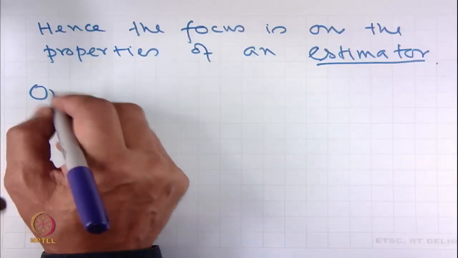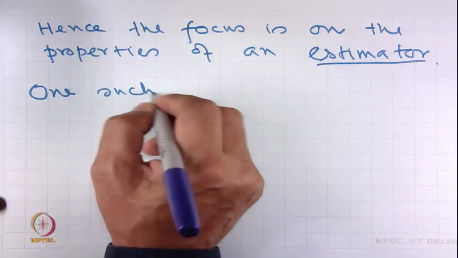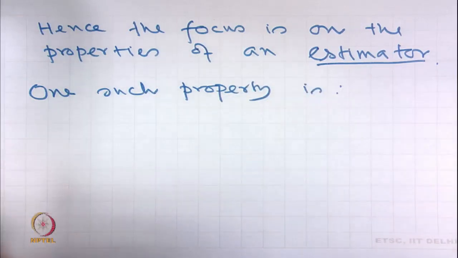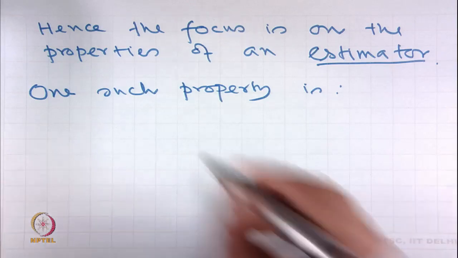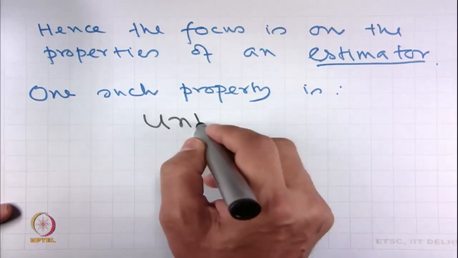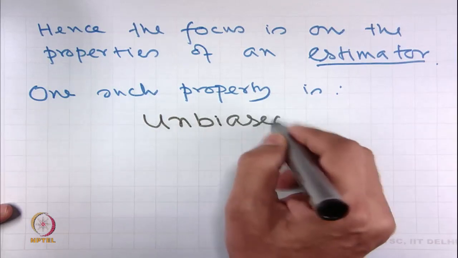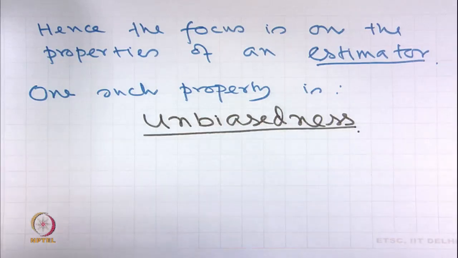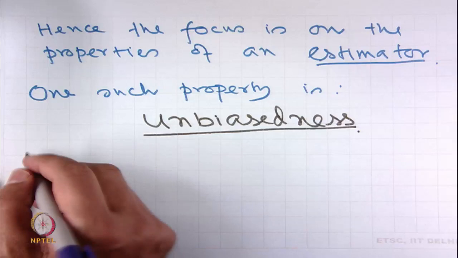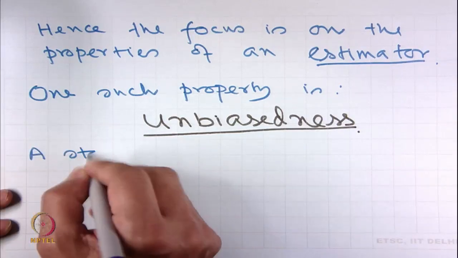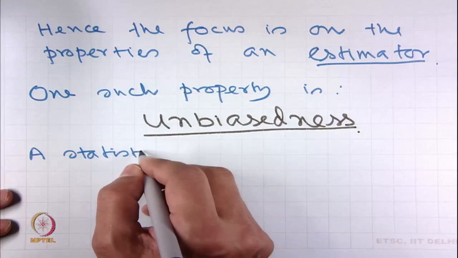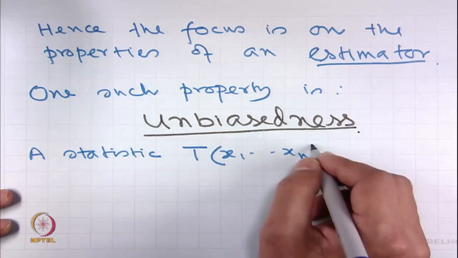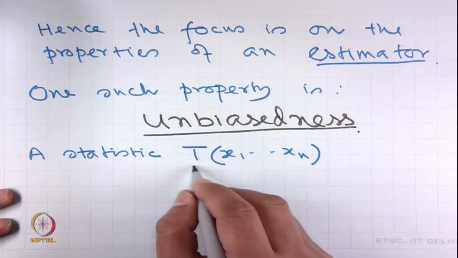One such property, you have already seen, is unbiasedness. A statistic T of x1, x2, xn. What does it mean?